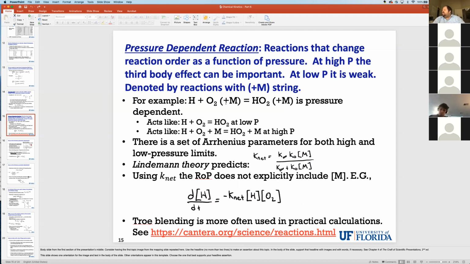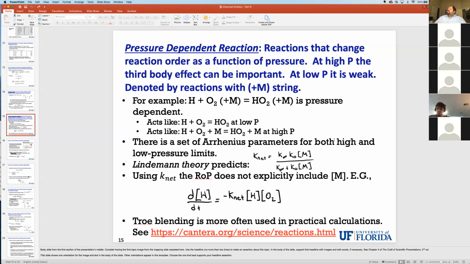And so basically what this means is that the M is important: you treat this as H plus O2 plus M at high pressure, and you treat this as H plus O2 at low pressure. Okay, and I'll show you the mechanism file here, and there are a set of Arrhenius parameters for both these high and low pressure limits.